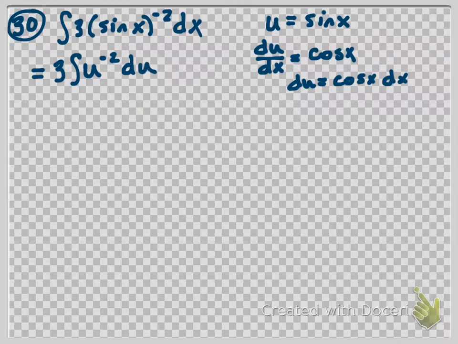But what about the cosine x and your d? It's in there. My du has that in it, right? Because what does du equal? Cosine x dx. Do we have to take out the cosine somehow? Like I'm thinking about for number 18, there was a 4 in it, but we didn't have it in our regular thing, so we put a 1/4. Do you not have to do something like that?